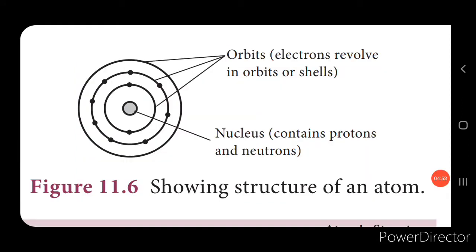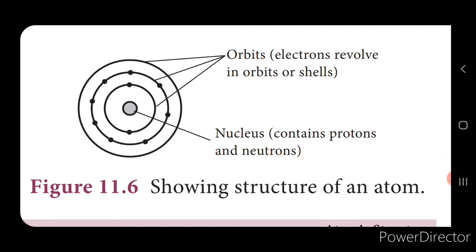Look into the picture, children. This is the structure of an atom showing the orbits and the nucleus. At the center you have the nucleus, and the nucleus contains protons and neutrons. Neutrons and protons together are called nucleons, and they are present inside the nucleus. You can see the circular rings around the nucleus.